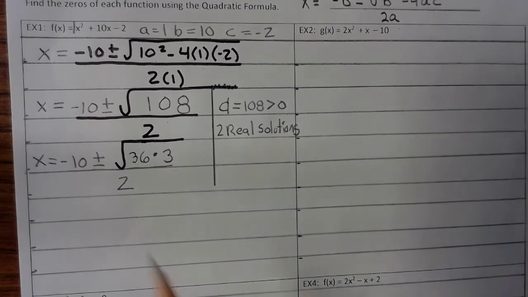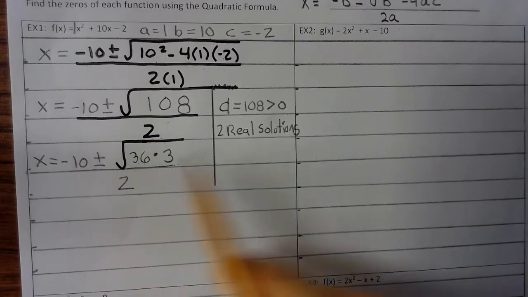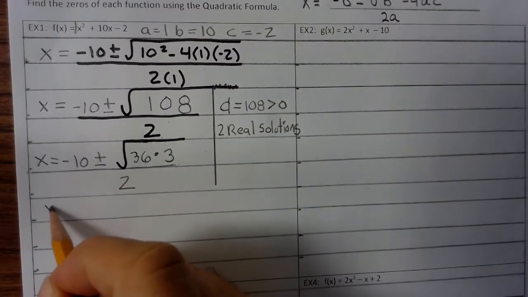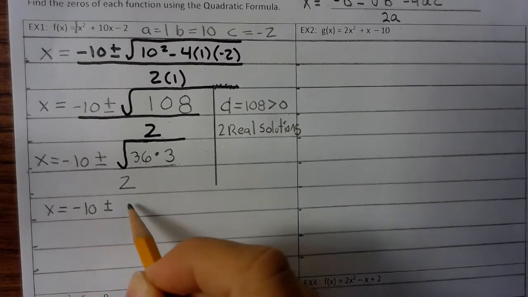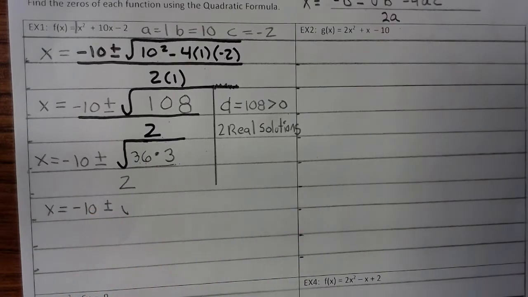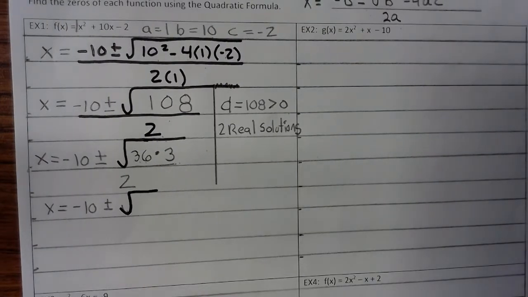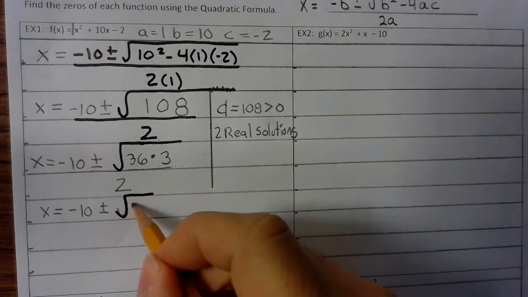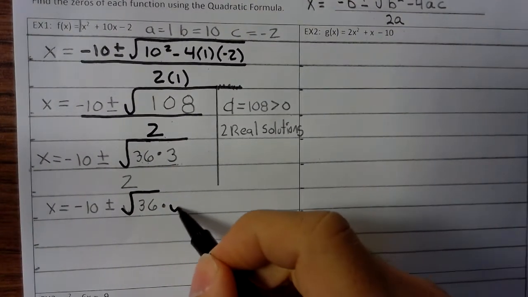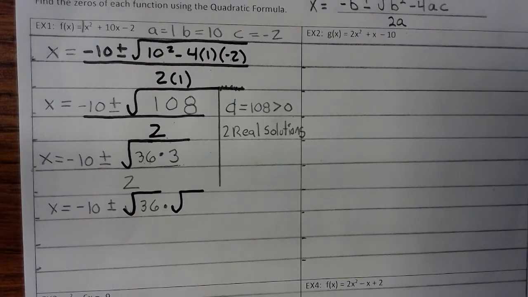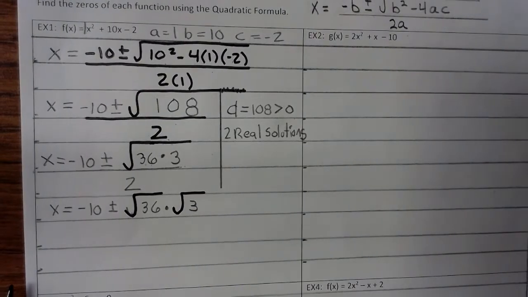Now, when you multiply underneath the square root, you can take the square root of each term individually. So x equals negative 10 plus or minus the square root of 36 times the square root of 3, divided by 2.